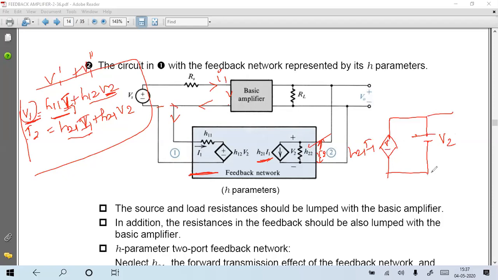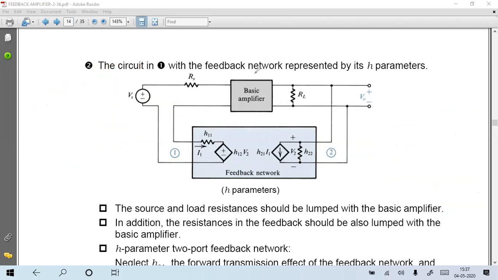According to the redundant technique, V2 is the major important one. Parallel voltage should be the same. So the voltage across this current source is also this. So the equivalent network must be V2. So similarly, I can eliminate this H21 I1. So see the other equivalent network.